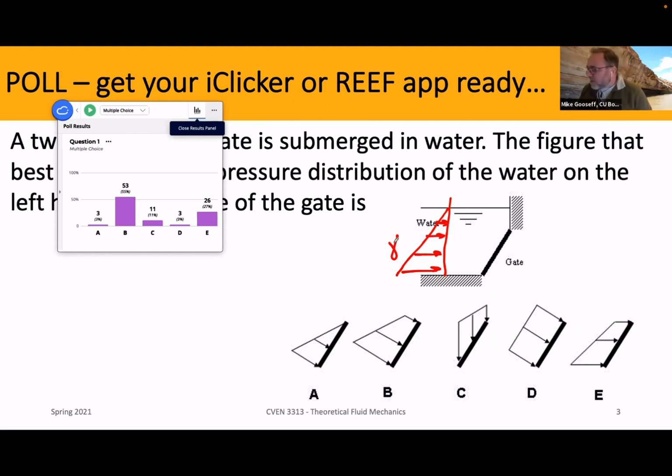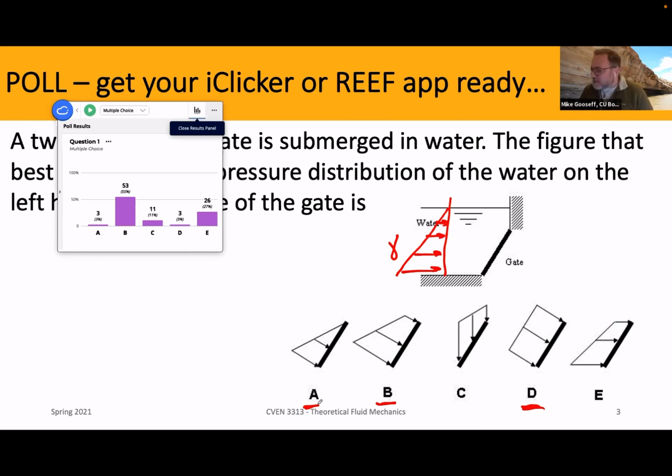So when we get to this sloping gate, we are going to have some kind of right angle. It's going to be D or B or A, because those are the ones that show a pressure at a right angle to the gate.